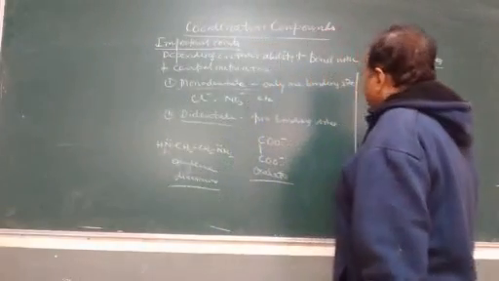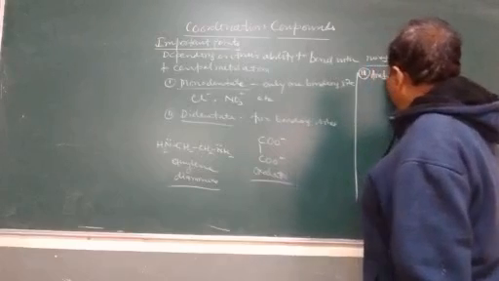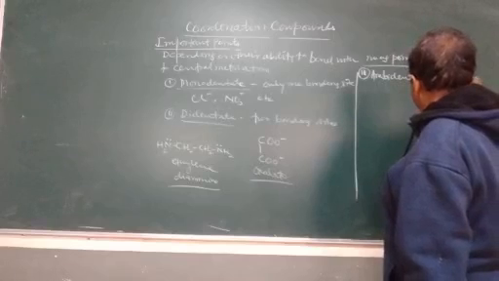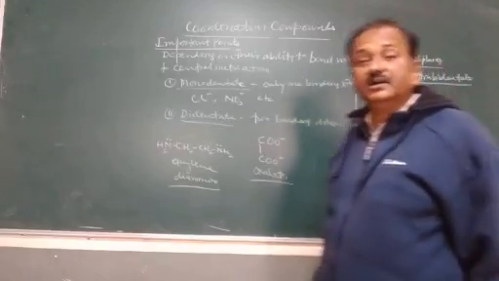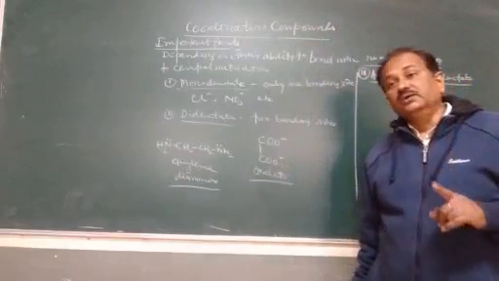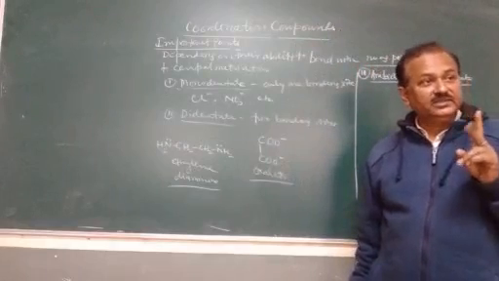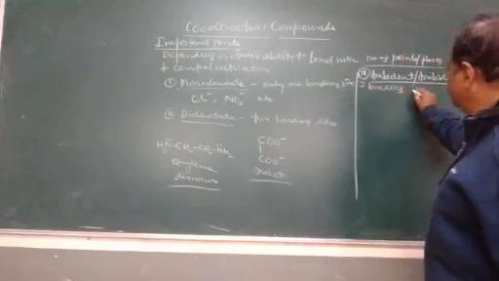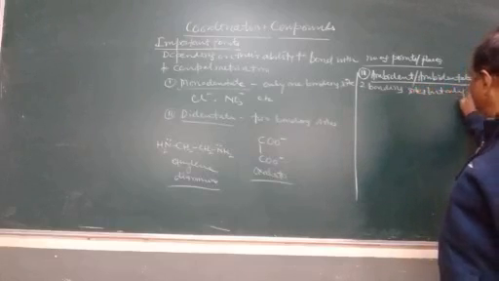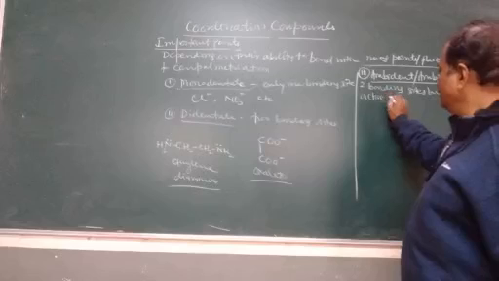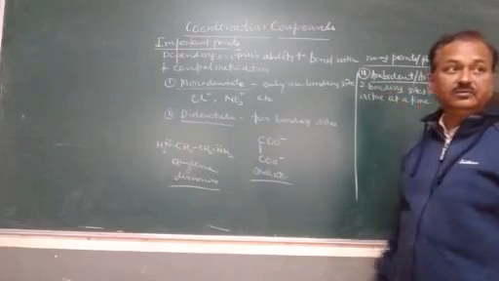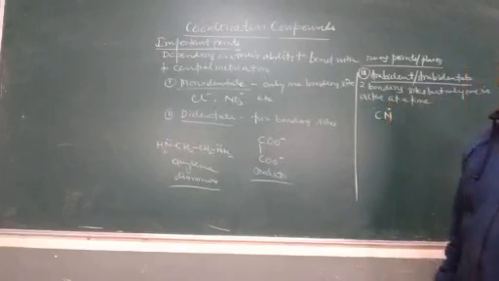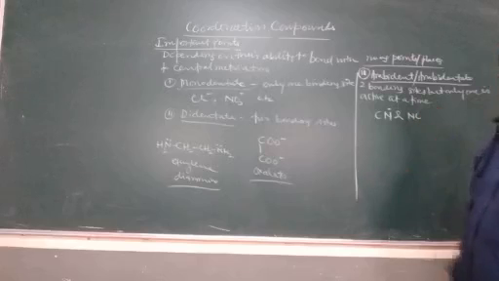Now, third is ambidentate. Ambidentate ligands are the ligands having two bonding sites, but only one is active at a time. Like CN and its opposite NC.